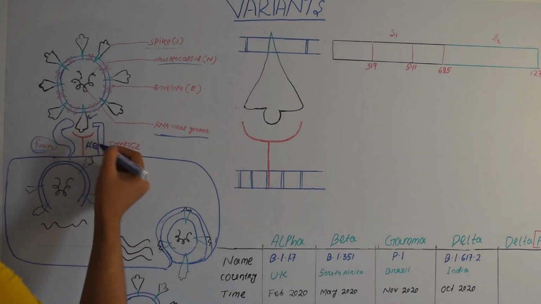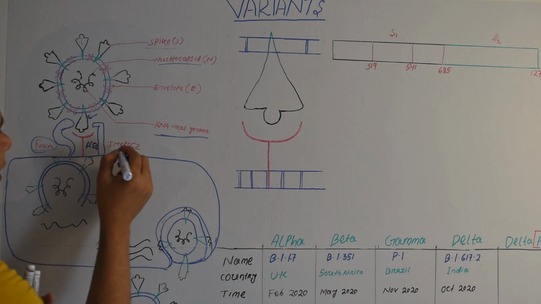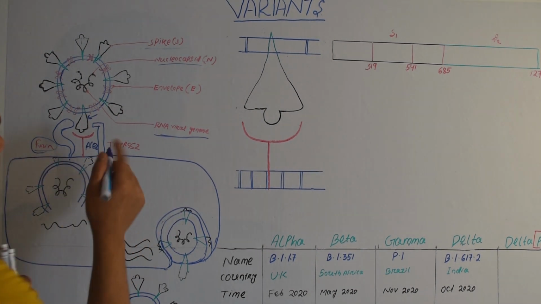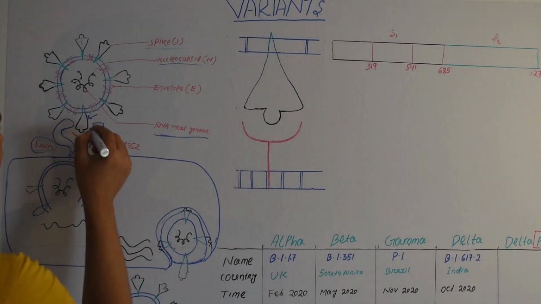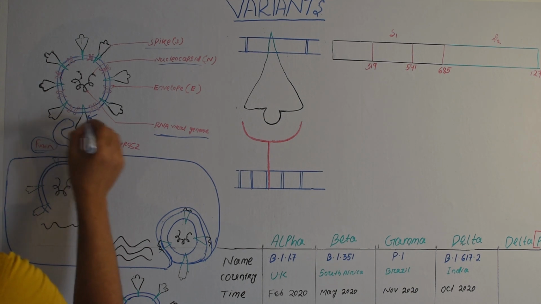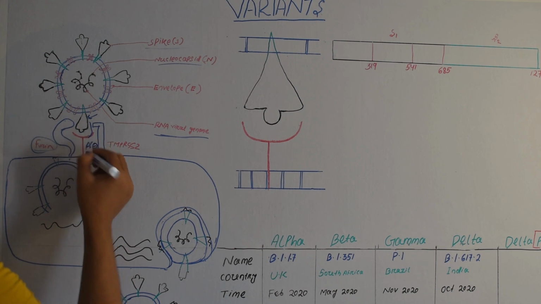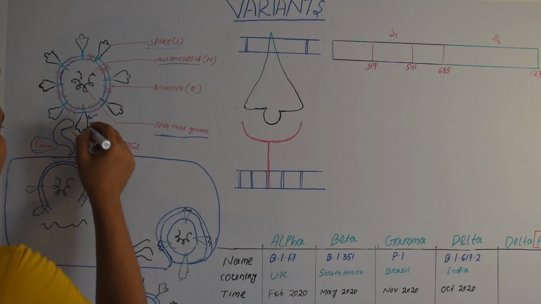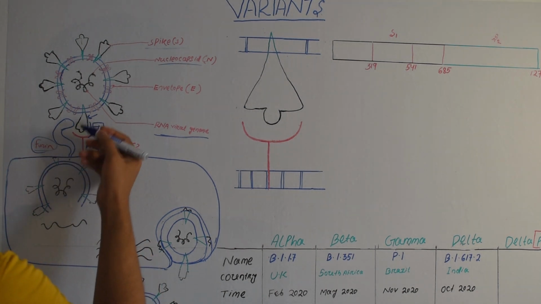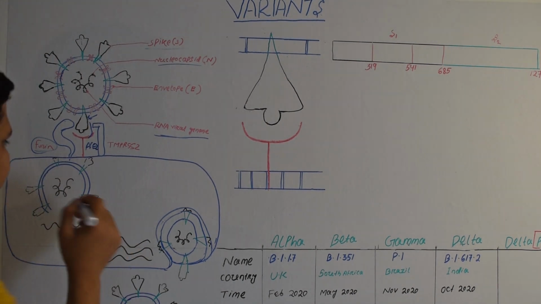Second comes the TMPRSS2 protease, which also cleaves the spike protein of coronavirus. Then the spike protein fuses with the ACE2 receptor, and after that the virus gets internalized into the cell.